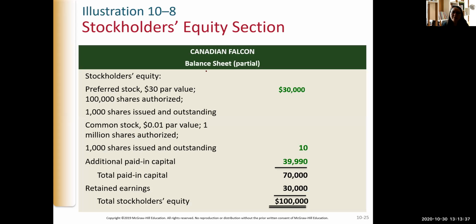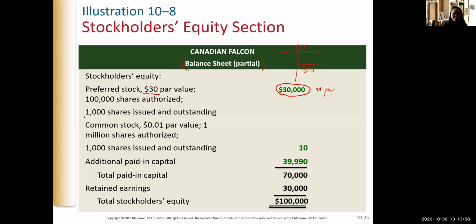And the presentation of the preferred stock looks like this. So stockholders' equity in the balance sheet, right? This is zoomed in on the equity section of the balance sheet. And then preferred stock, which is at $30 par value, remember?